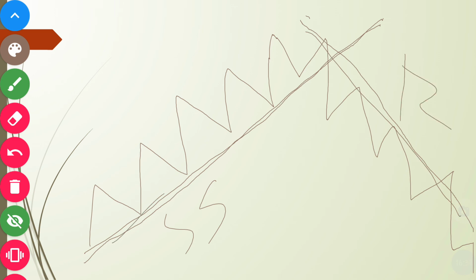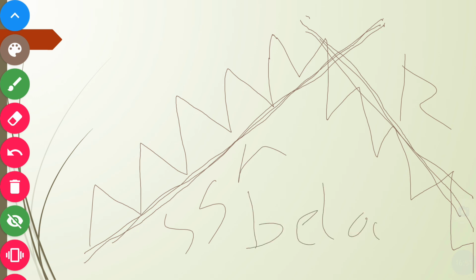Why is this line support and this line is resistance? Well, because this line is below price movement, while this line is above price movement, vice versa.